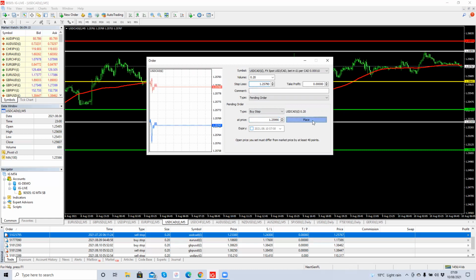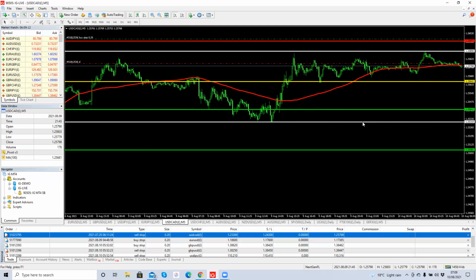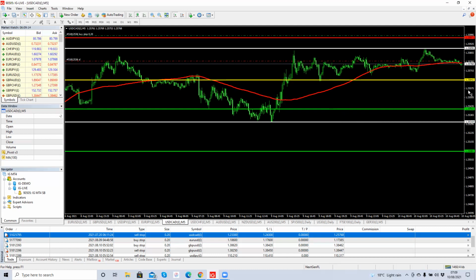I'll calculate the 60 pips profit limit later. So there we are for the dollar Canadian dollar. So there's only a buy opportunity at the moment, no sell opportunity. And like I say, I'll reassess the Euro US dollar just before the report at 11 a.m.